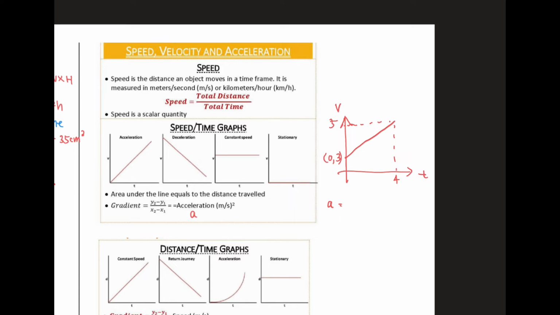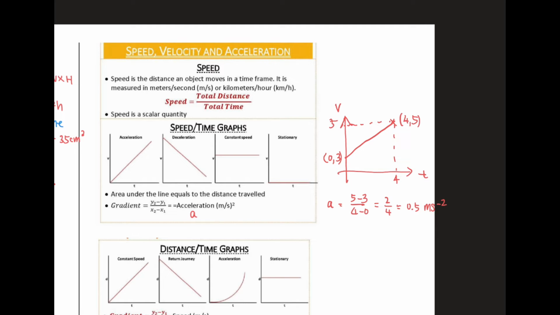If you want to find the area, we use trapezium. So let's say I find the gradient first. So we use gradient formula. 5 minus 3, 4 minus 0, 2 over 4 equal to 0.5. So you count the gradient, then you get the acceleration, 0.5.